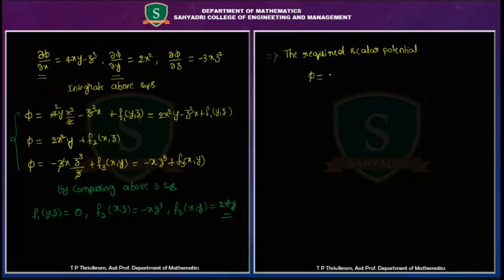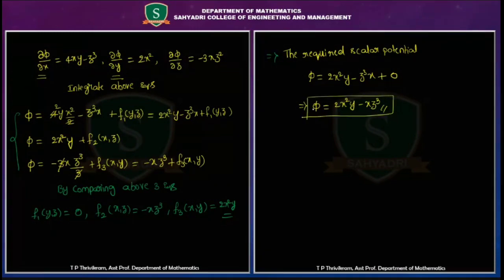I am taking the first equation, 2x square y minus z cube x plus f1. So f1 is 0. So finally the phi value, the scalar potential, is 2x square y minus xz cube. This is the required function which we need.